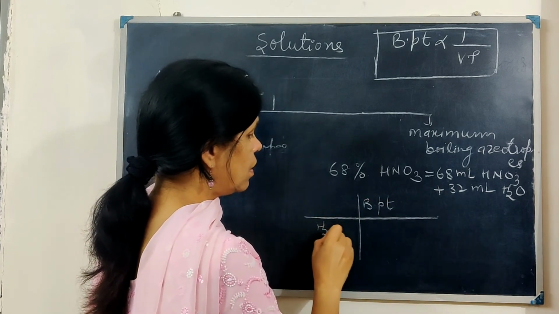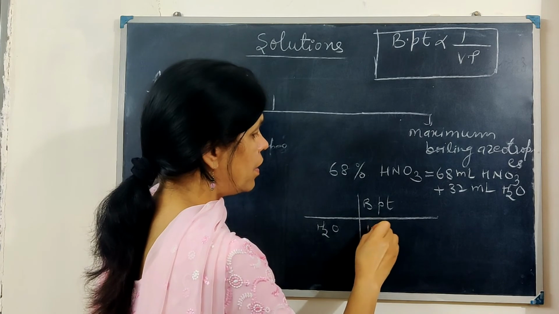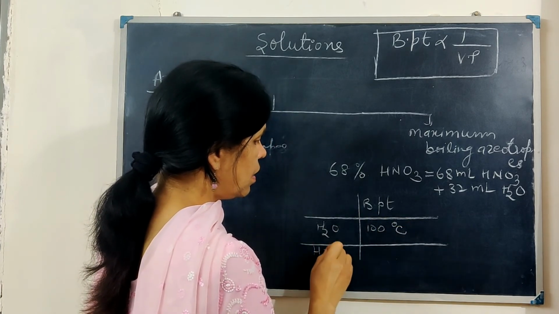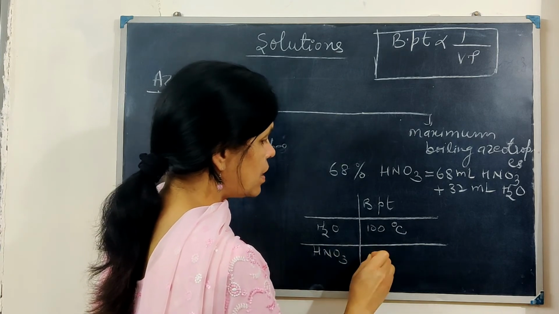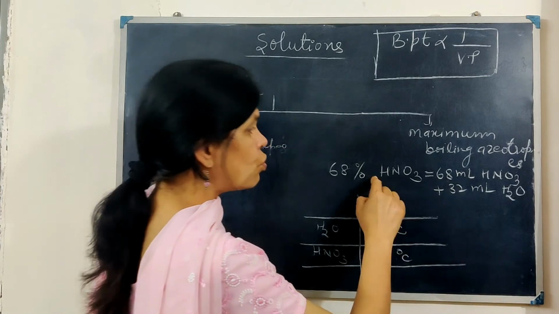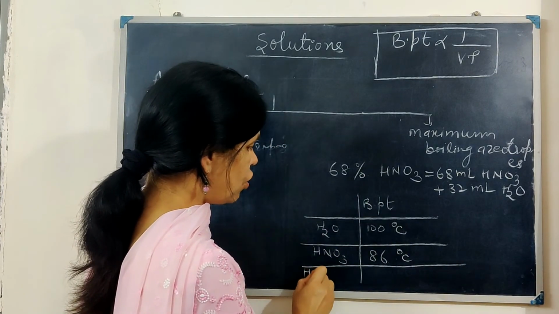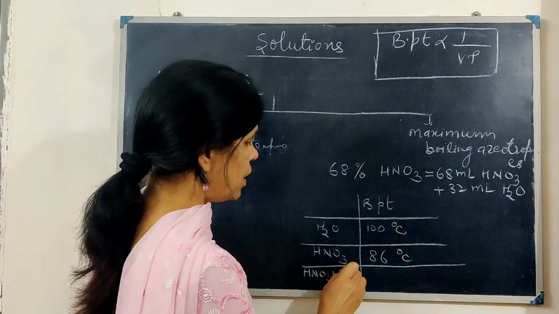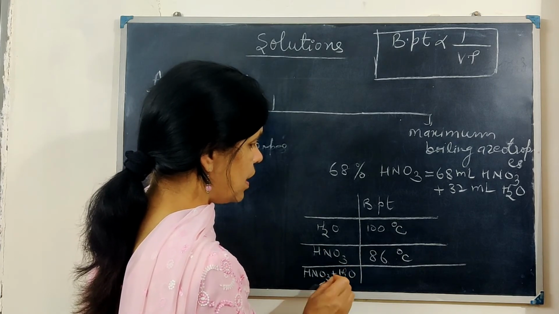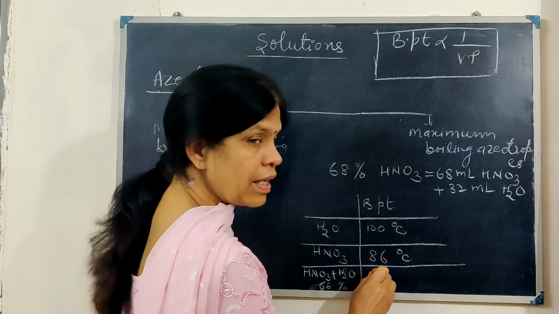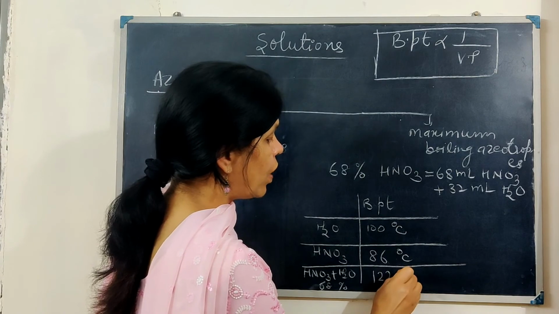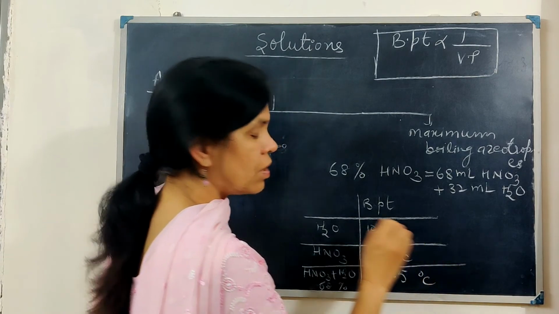For water, the boiling point is 100 degrees Celsius, whereas for HNO3, the boiling point is 86 degrees Celsius, and for this azeotropic mixture, which is HNO3 plus water, and the composition is also fixed, which is 68%, the boiling point, again very surprising, is 122.5 degrees Celsius.